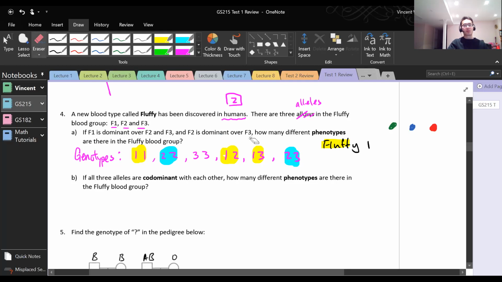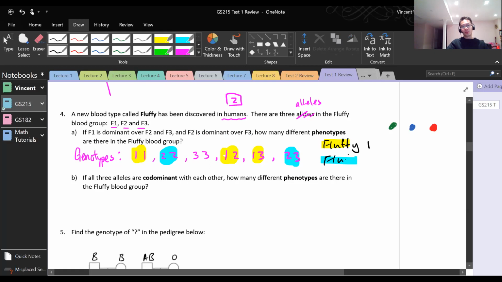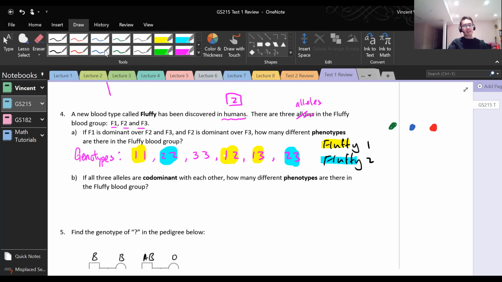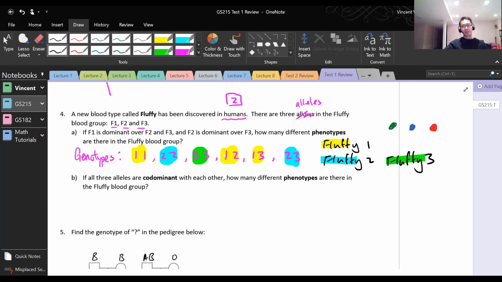It means when you have 2 and 3 together, 2 is the one that is going to show up. So that is fluffy 2. And then finally, this one is just going to be fluffy 3. So the correct answer would be 3 phenotypes.